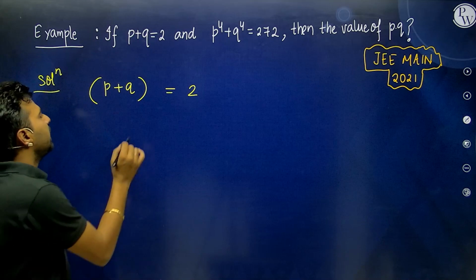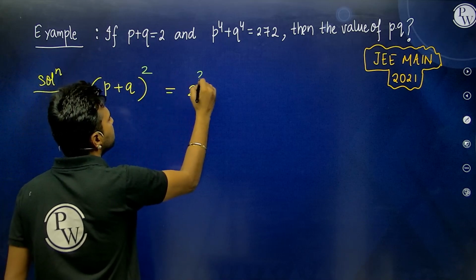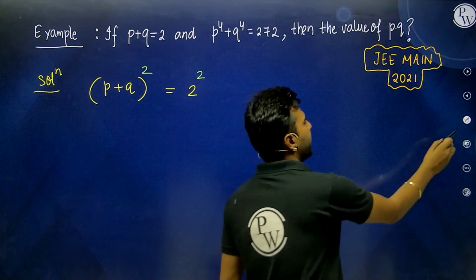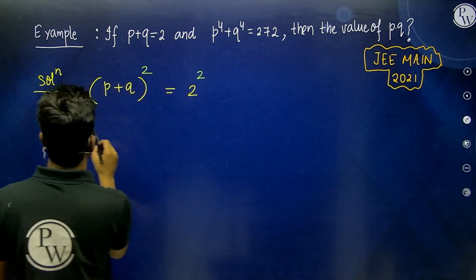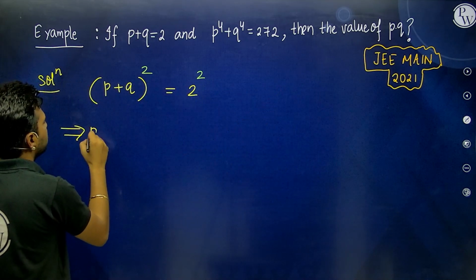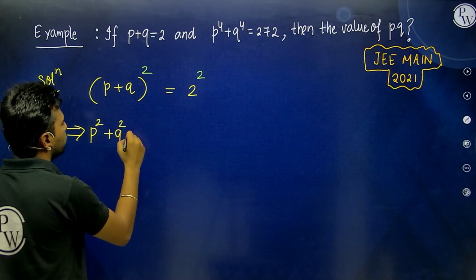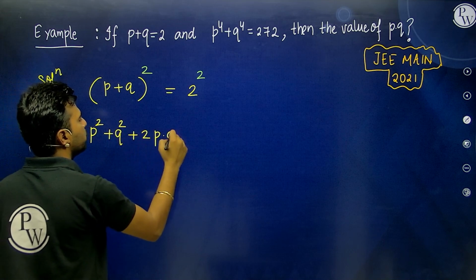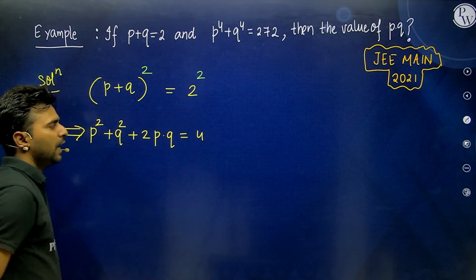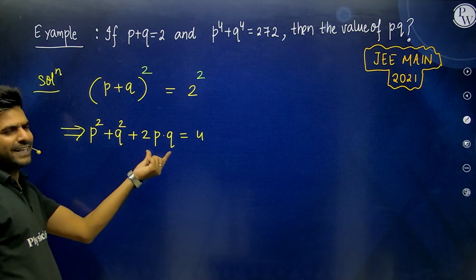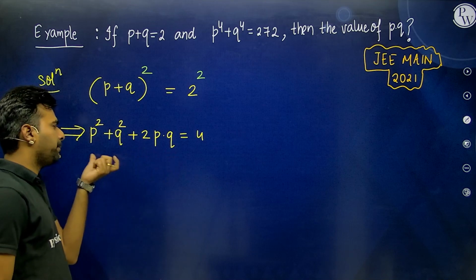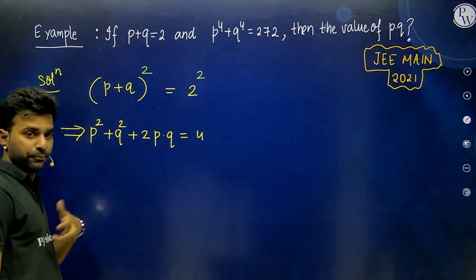So I said, okay, let's square this equation first. The moment I square it, what do I get? I get p² + q² + 2pq, that is equal to 4. I said, okay, but sir, this thing is what I want, p times q, but p² + q² I'm not having.